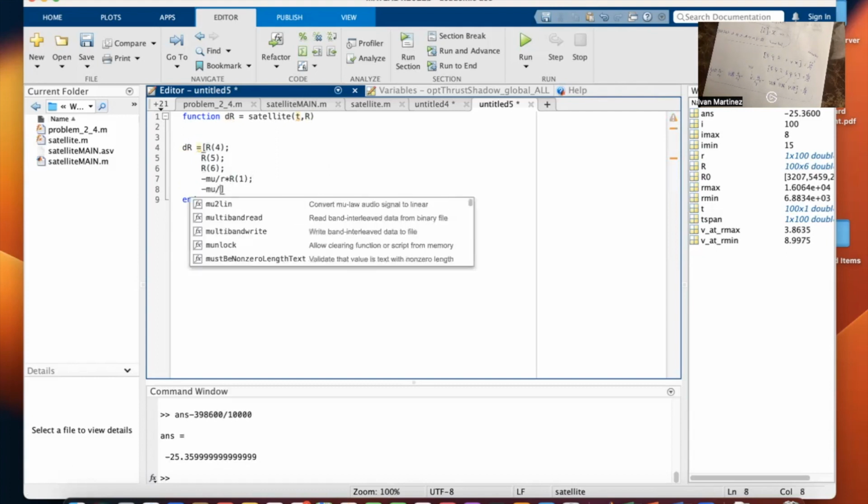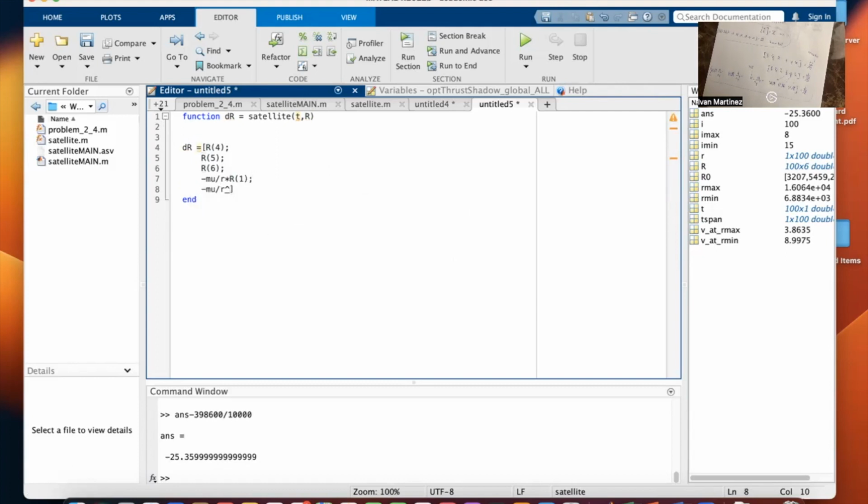Minus mu divided by r to the power 3, times r2. And lastly, the z component.